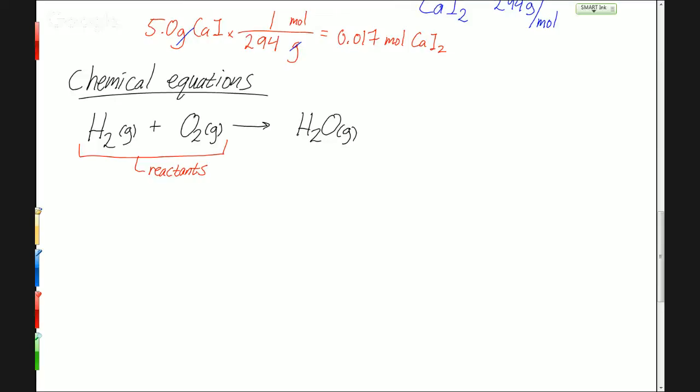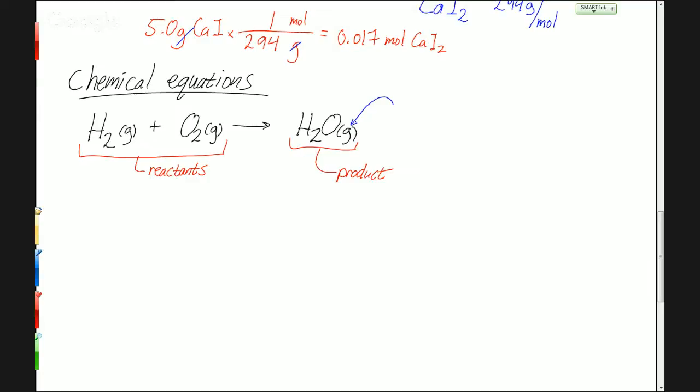And then on the other side, what do you think this one's called? Product or products, yeah. What you make. So your reactants, what you start with, products, what you make. Okay, other things, what's going on here? What does this little g in parentheses next to the molecule formula mean? Okay, that's fine.